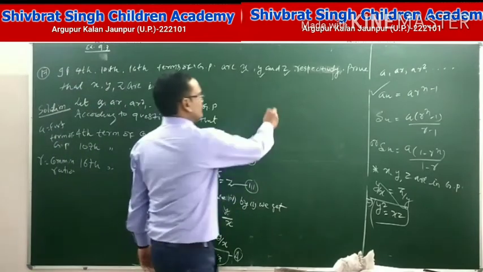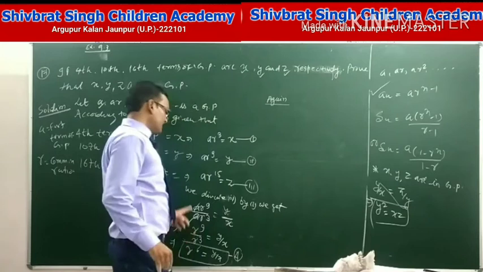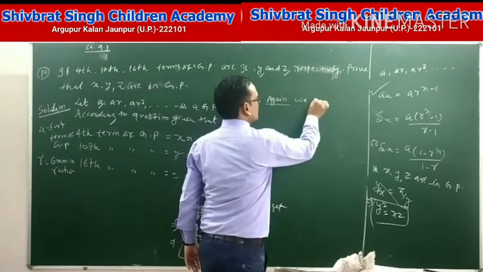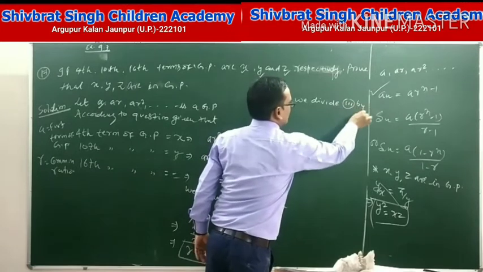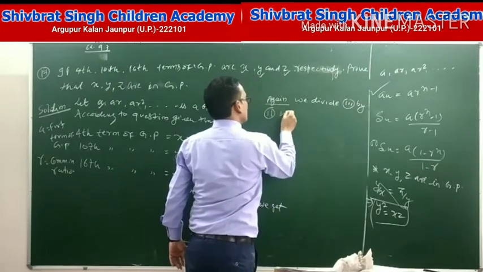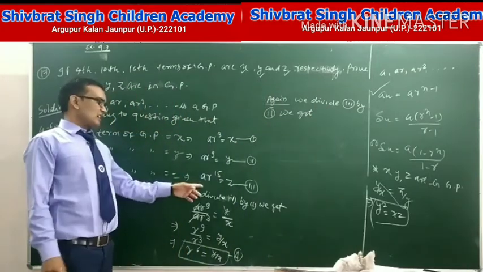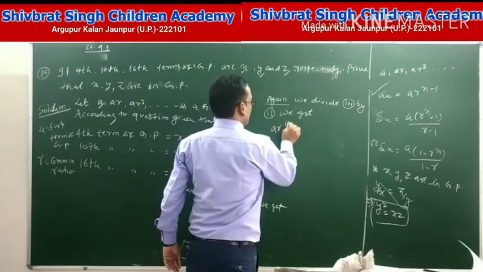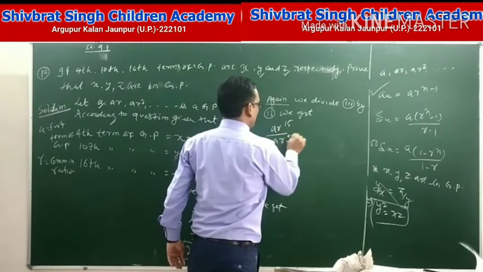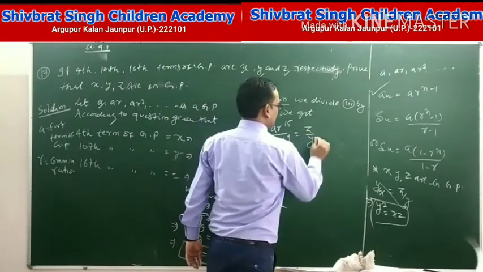Again we divide third by second, we get AR to the power 15 upon AR to the power 9 is equal to z by y.